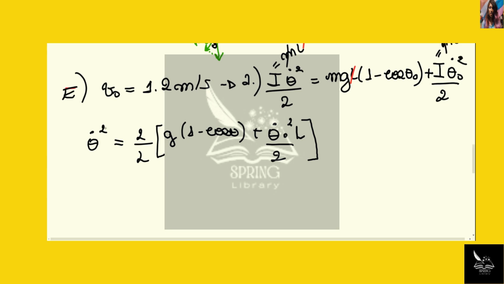Okay, now we can substitute the angular velocity for the linear velocities and take the square root of everything.